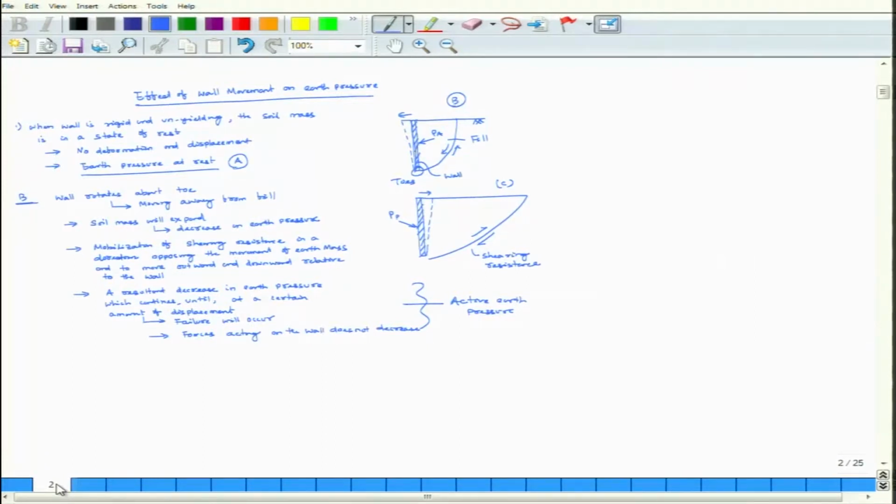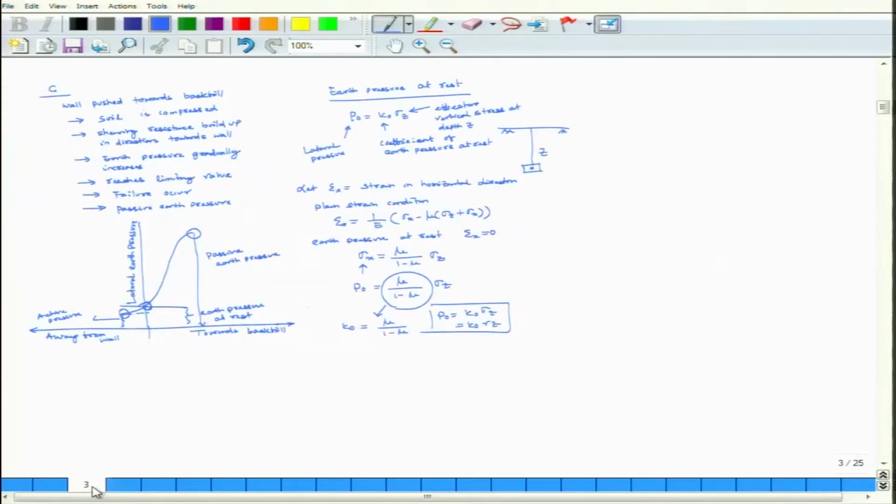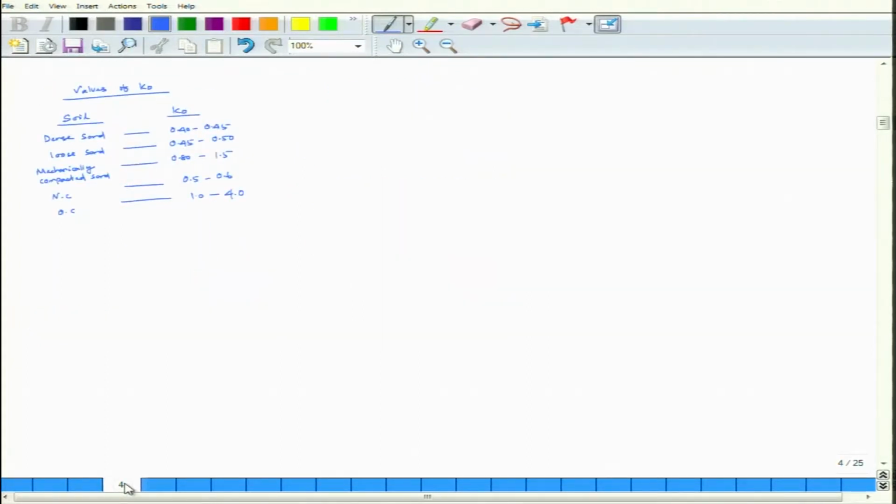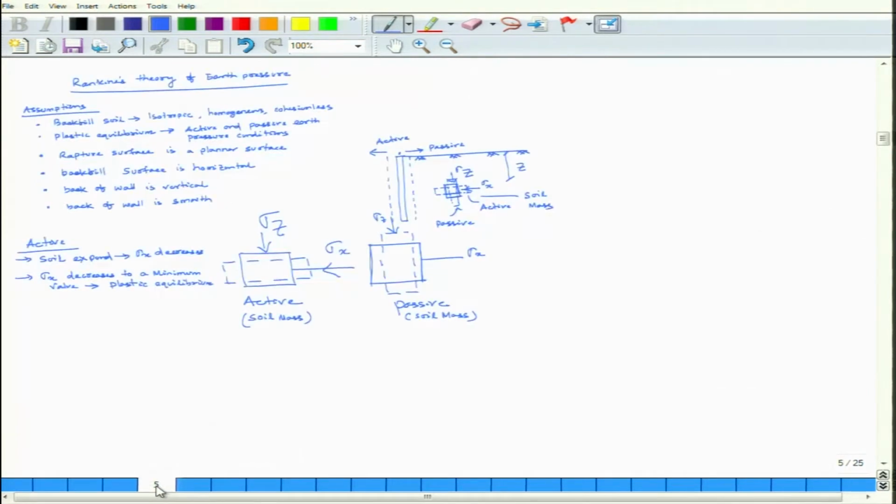Then case 2, one is moving away from the fill, that is called active state, moving towards the fill, that is called passive state. No deformation, no displacement, that is your earth pressure at rest. Then for earth pressure at rest, we determine K0, which depends upon your Poisson's ratio mu by 1 minus mu. Then different values of K0 for soils have been given.